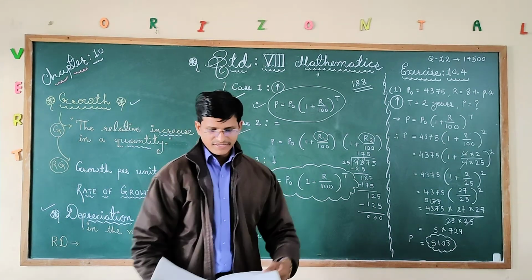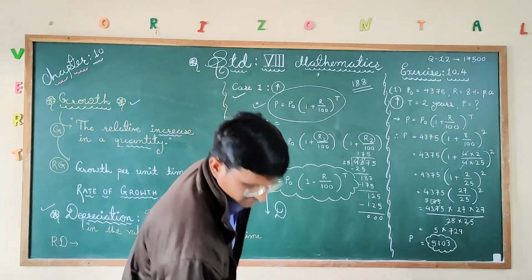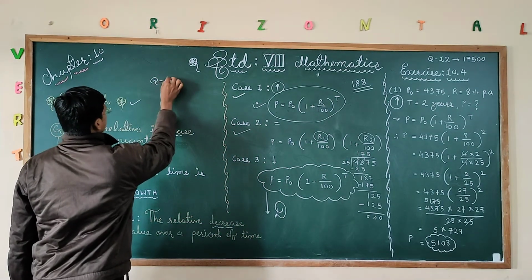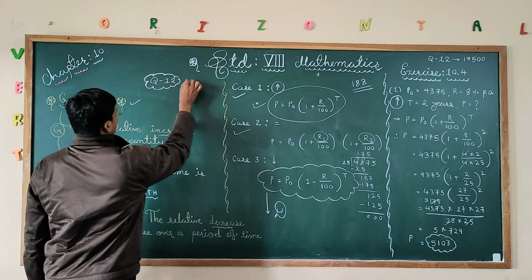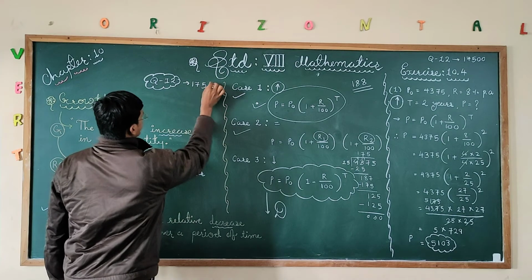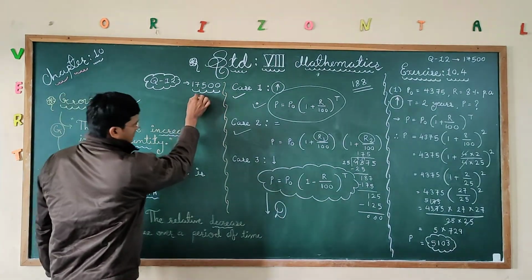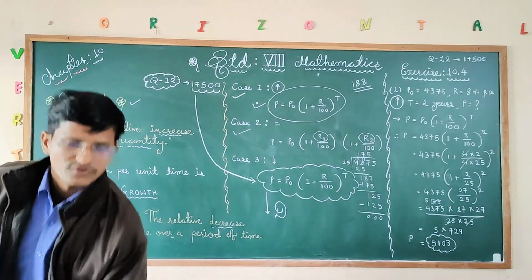The same method applies for depreciation. You will see question number 12, the last question in this exercise, and the answer you will get is 17,500. This is the formula you will use for depreciation.